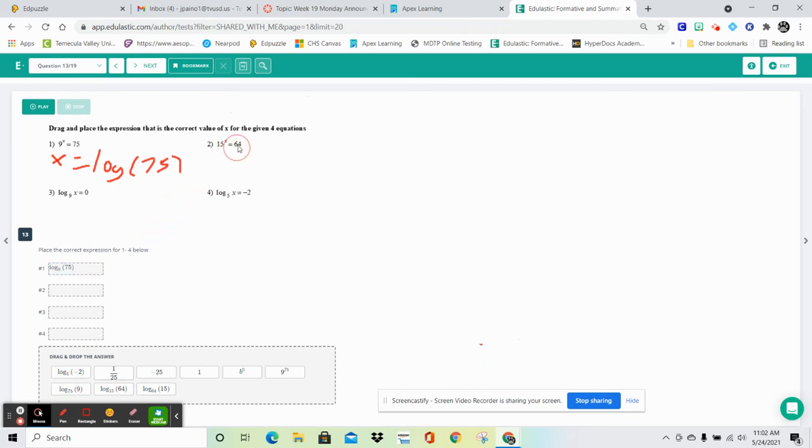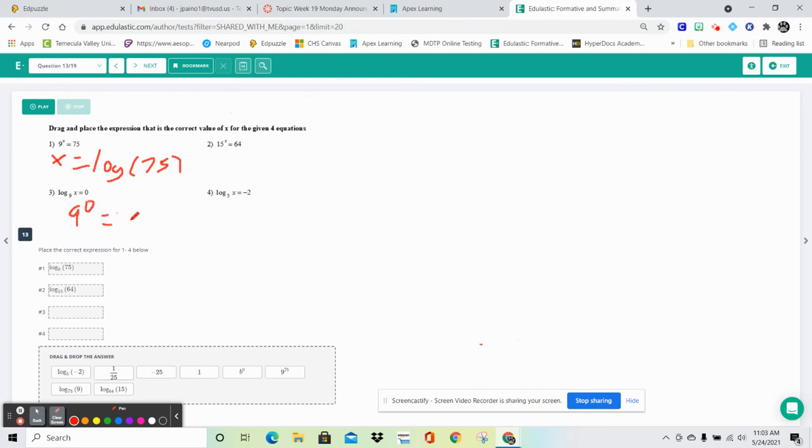All right, so 2, the log base 15 of 64. Here we should actually be able to evaluate x, because we rewrite it. 9 to the 0 equals x.